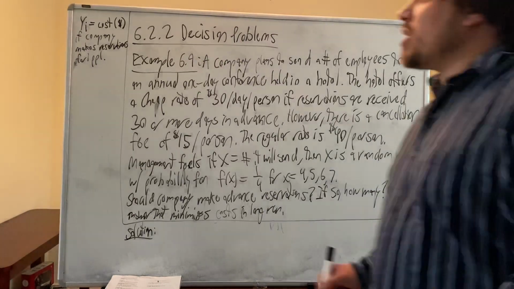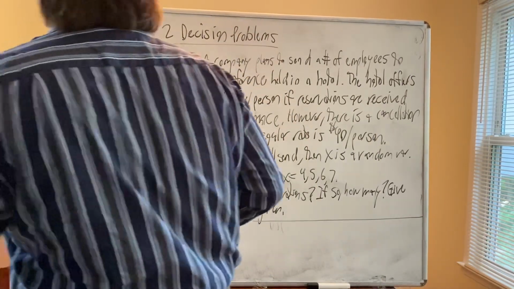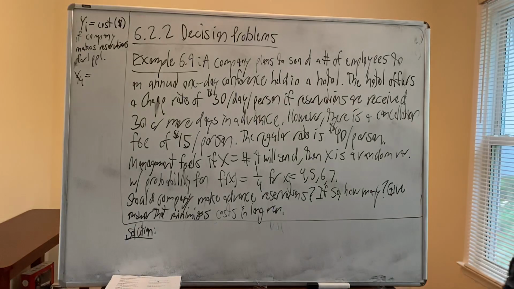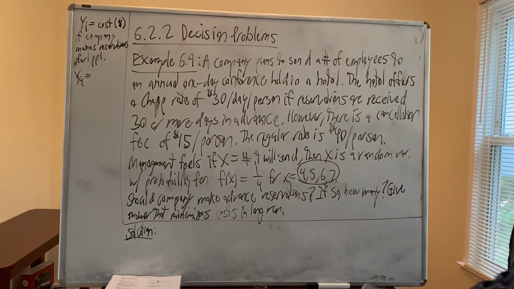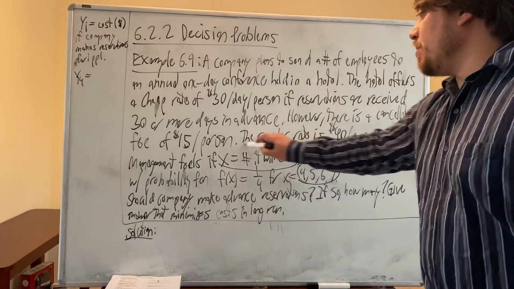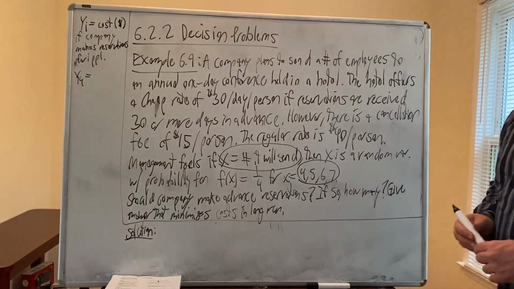Okay, so the possible values for y sub i. Sorry, so this is if the company makes reservations for i people, right? So the possible values of x are 4, 5, 6, or 7. X is the number the company will send, right? So the company is sending 4, 5, 6, or 7 people.